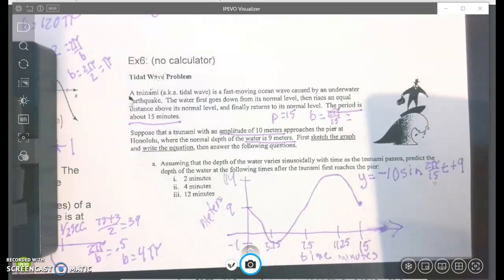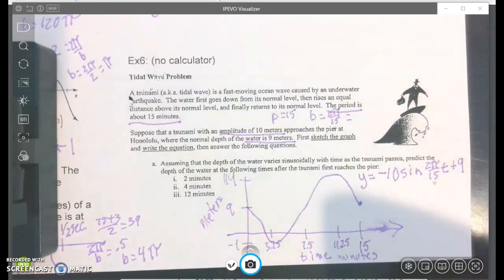On my calculator I put it in as an x. Close the parentheses and add a 9. And then I put a 2 in place of that.